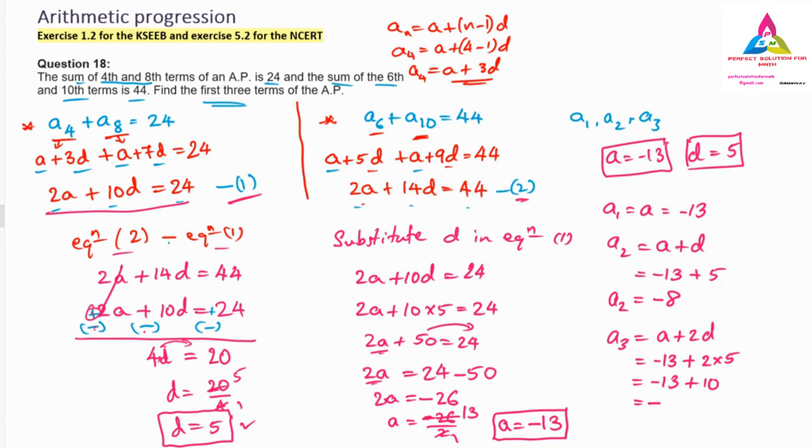That time what will happen? We have to subtract the small term from the greatest number. So 13 minus 10 is nothing but 3, with the negative sign. So a3 value is minus 3. So finally we want the three terms a1, a2 and a3. We found that. We can write down that minus 13, minus 8, minus 3 is our final answer.